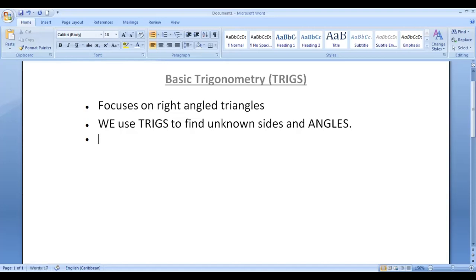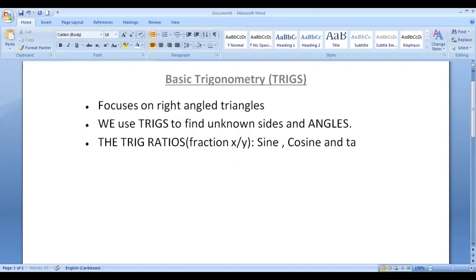All right, now in trigonometry, we have something called the trig ratios. Now what's a ratio? It's really a fraction, not true? X divided by y. Now what are the trig ratios? Sine, cosine, and tangent.